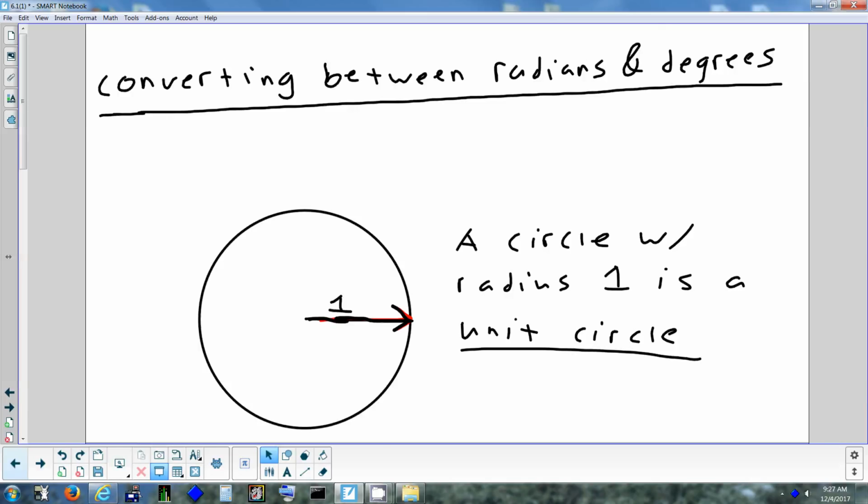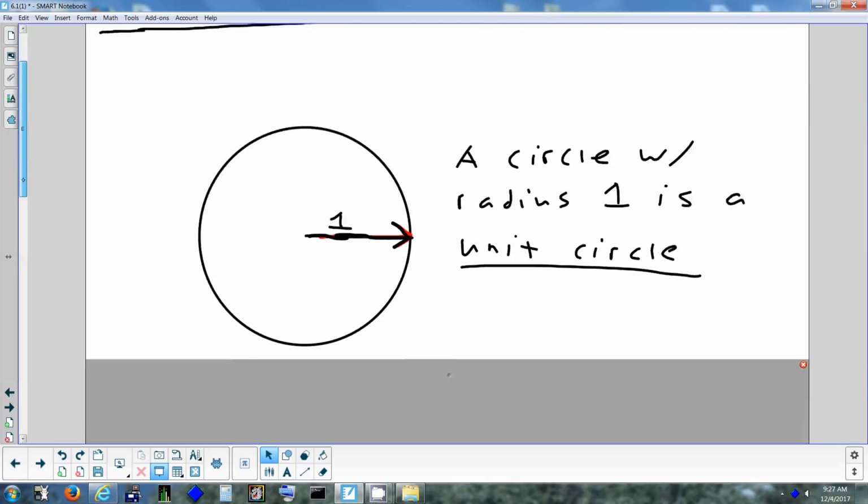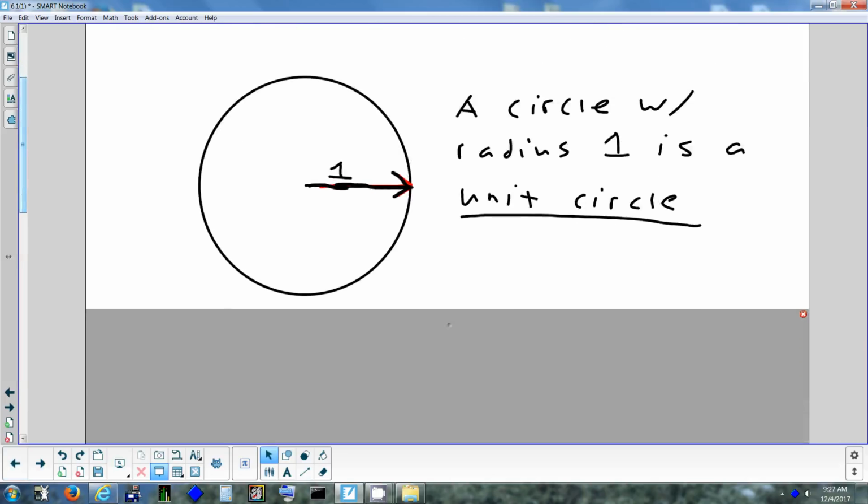A unit circle is a circle that has a radius of 1. That's all. Just a circle with radius 1. Now, in a unit circle, there's something special that happens. If you draw an angle in that circle, there's a connection between the size of this arc and the size of this angle.